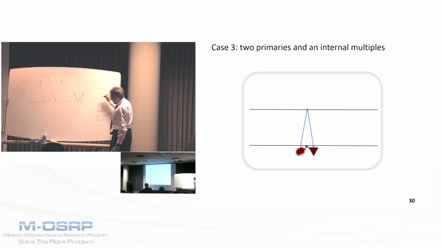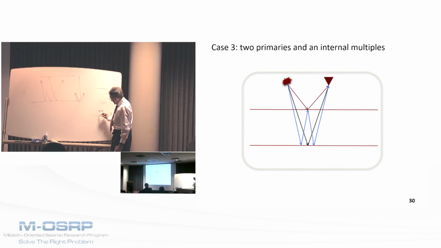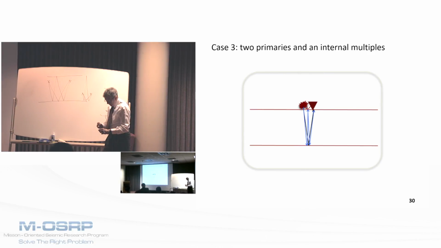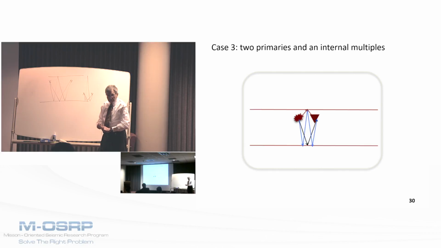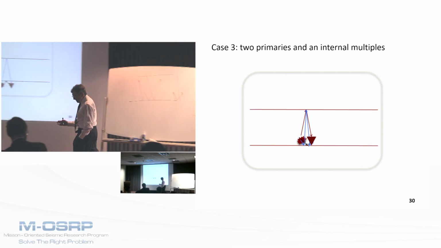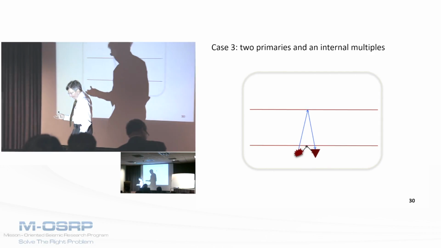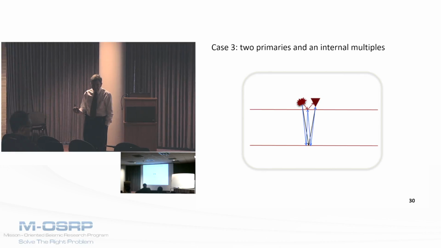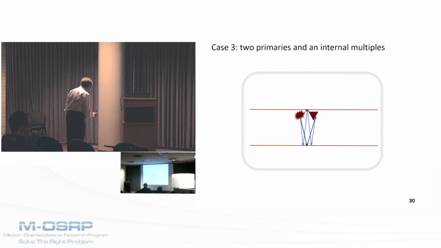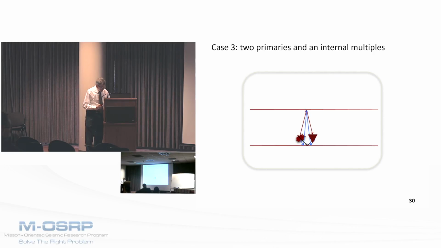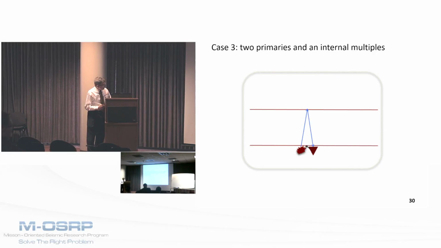If this was all known and discontinuous, multiples will never cause an issue, free surface nor internal. They'll never contribute to the image. So the reason multiples are an issue today is for smooth velocity, okay? They cause artifacts, yes. And so that's the reason. Okay, so we need primaries. Let's move on.